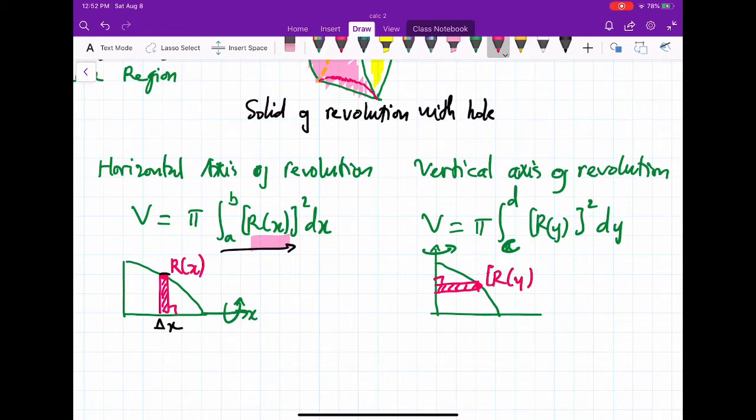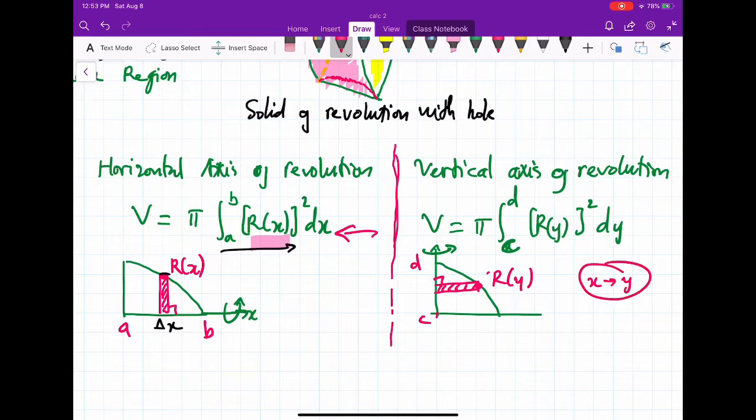So you apply the first formula, where c is here and d is here, whereas in the other case a is here and b is here. So you see it really depends on the revolution, and sometimes you might express x as a function of y, so everything is good.